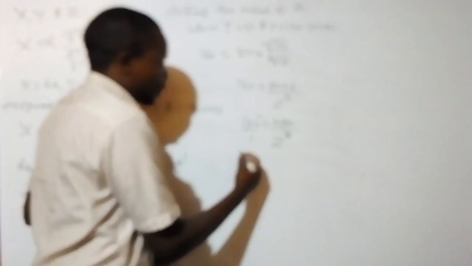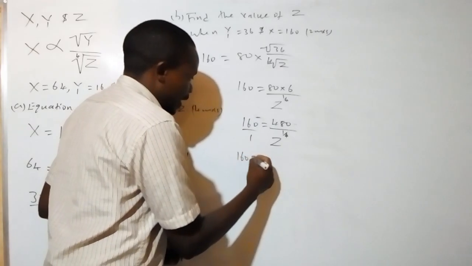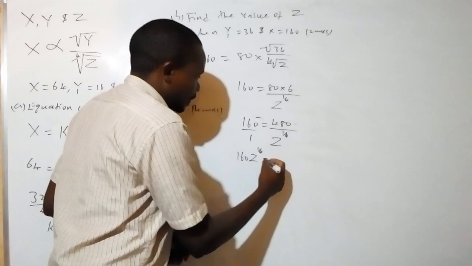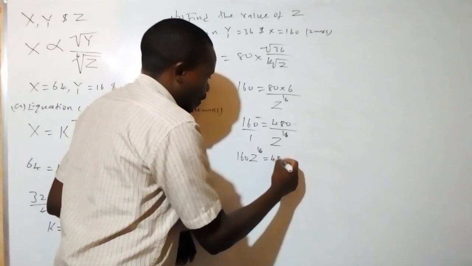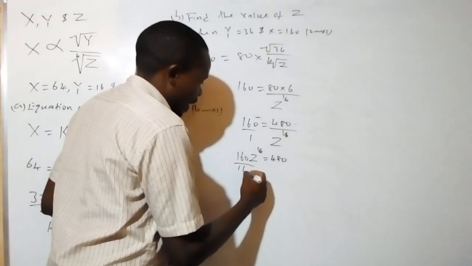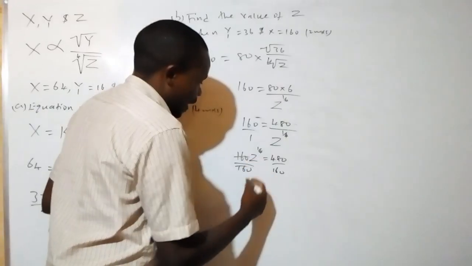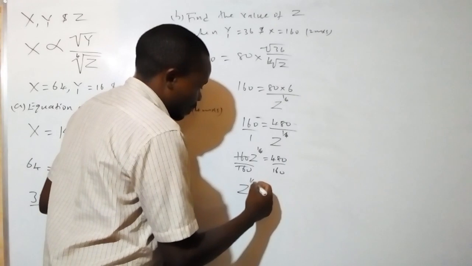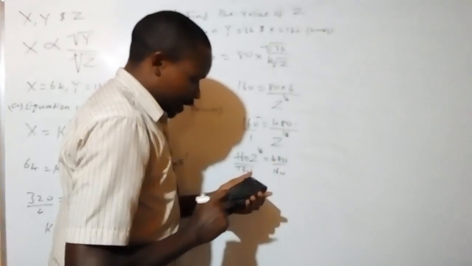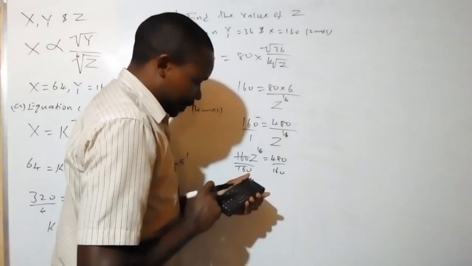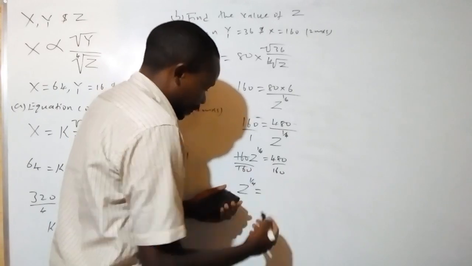We cross multiply and say 160 z raised to the power a quarter is equal to 480. You divide by 160 on both sides. Z raised to the power a quarter is equal to 480 divided by 160, which is supposed to be 3.